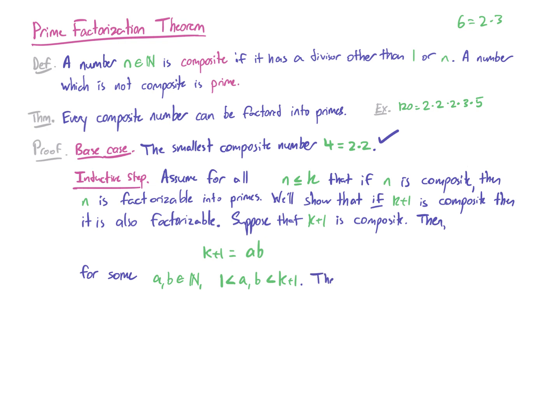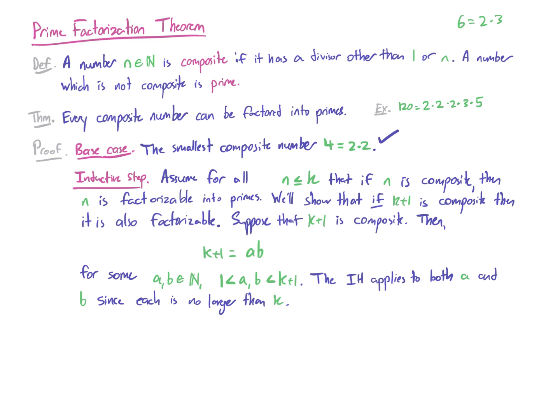So here, the inductive hypothesis applies to both a and b, since each is no larger than k. And my inductive hypothesis tells me something about natural numbers that are no larger than k.